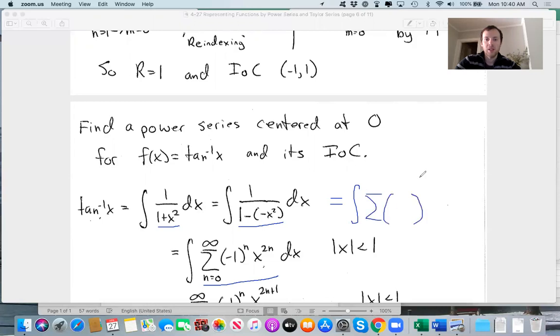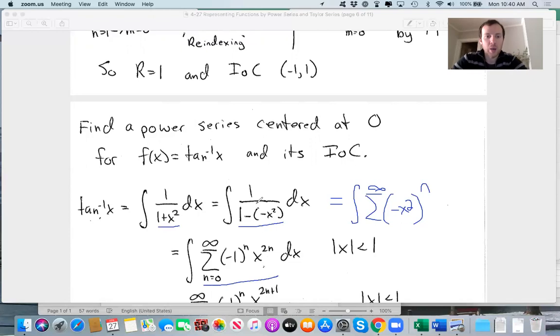What we're doing is taking this minus x squared and putting that raised to the nth power. And if you simplify this, you get minus 1 to the n times x to the 2n.